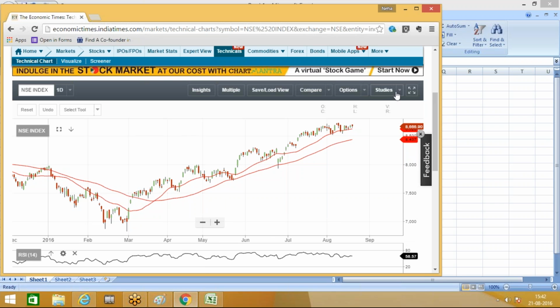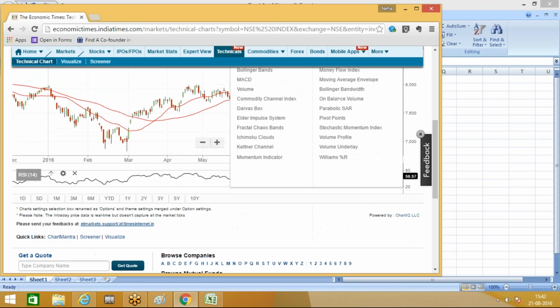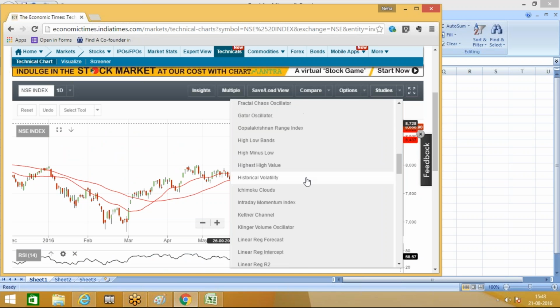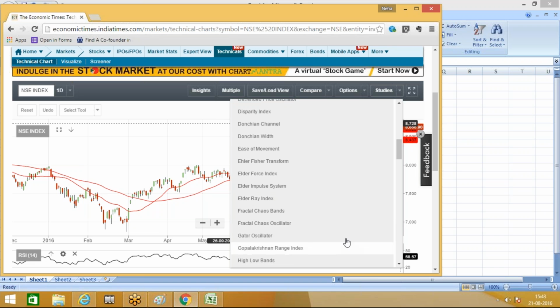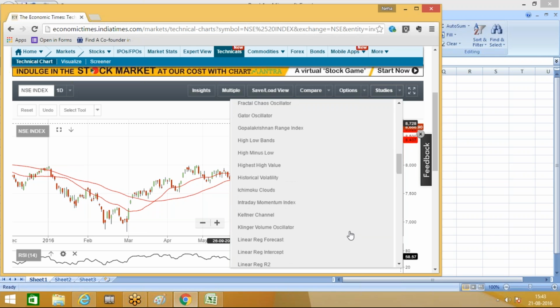Let me see if there is a Fibonacci tool that I can use. Okay, as you can see, there are so many indicators.